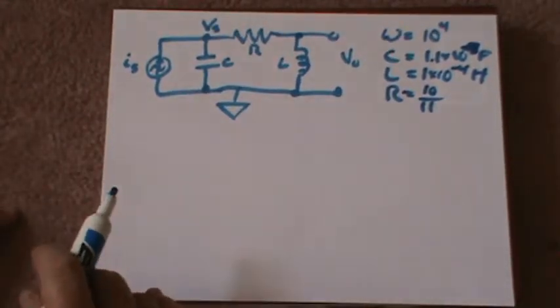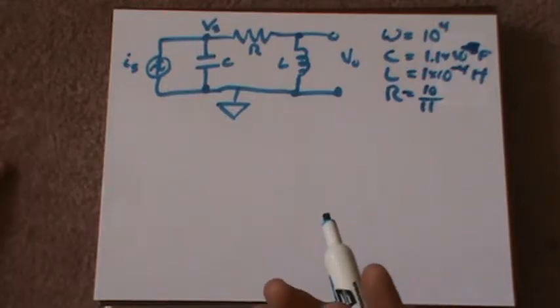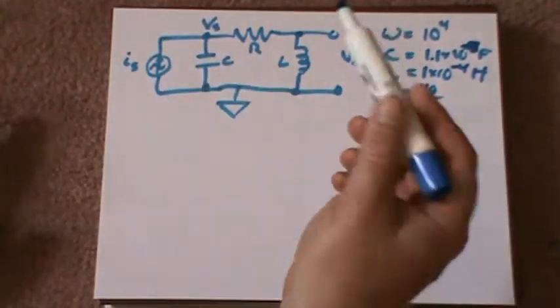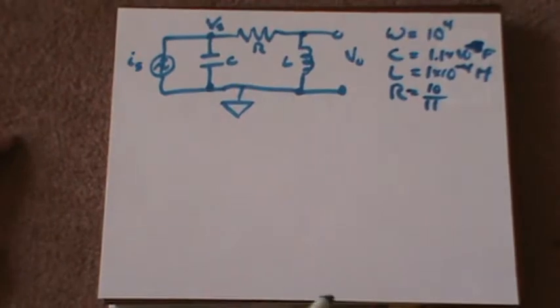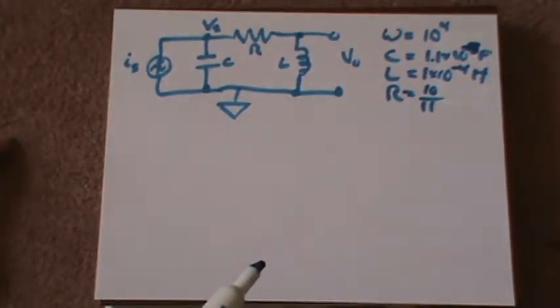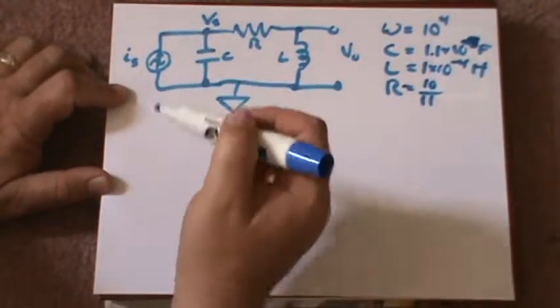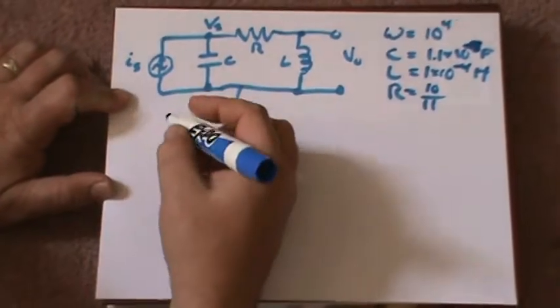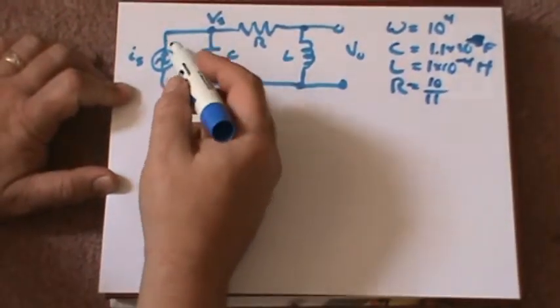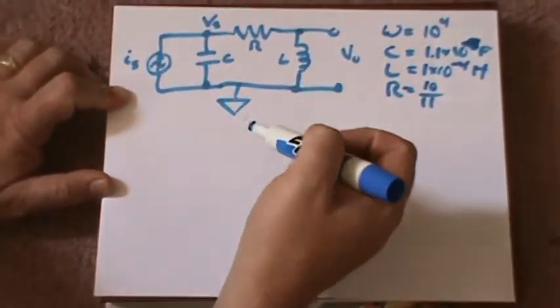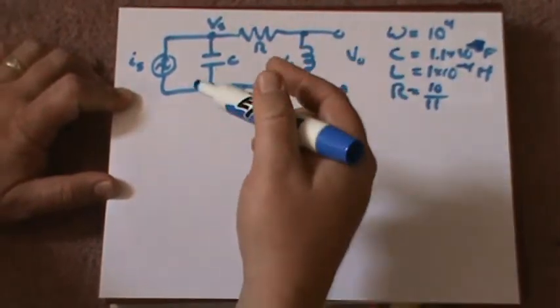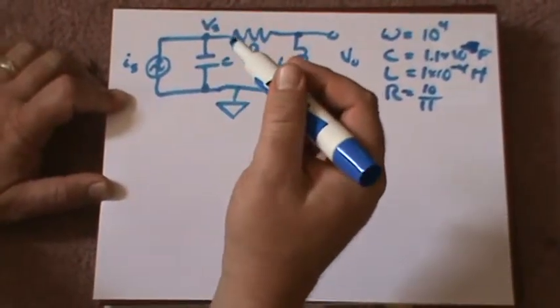Now what we want to do, we could do a variety of different things. We could do mesh analysis, but since I have a current source here, what's going to be easiest is to work through this using node analysis. So I'll consider this first node, and we look at currents going in and currents going out, and the net of those has to be equal to 0.